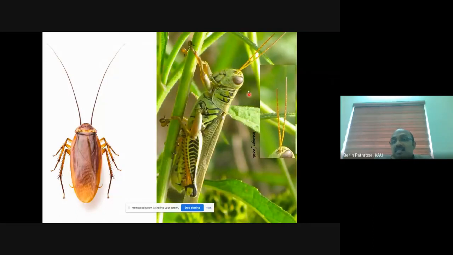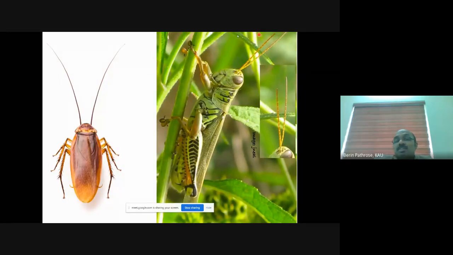And take the case of this grasshopper. As we move from base to the tip of the antenna, you can see the size of the segments is uniform. It's almost cylindrical in nature. See it over here. The size of the segments is uniform.